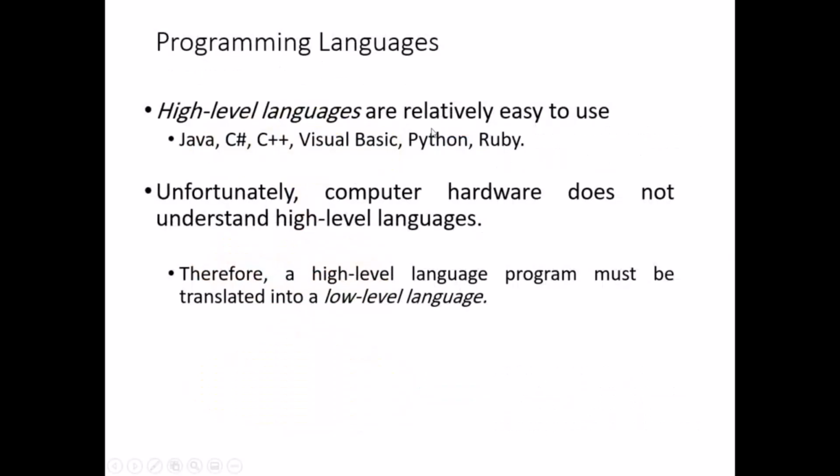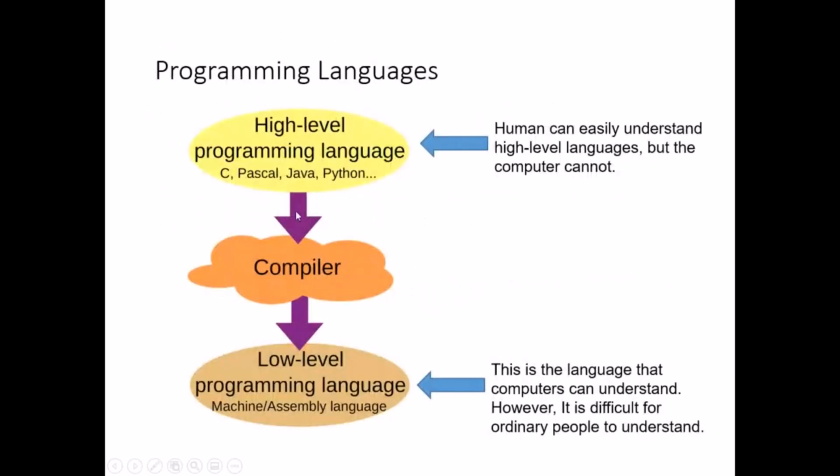As I said before, computer hardware, the CPUs, do not understand high-level languages. Therefore, a high-level language program must be translated into low-level language, and this is done by a compiler. Now, when you ask me what a compiler is, it means translating a program from high-level language to low-level.